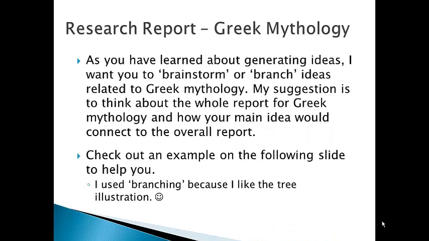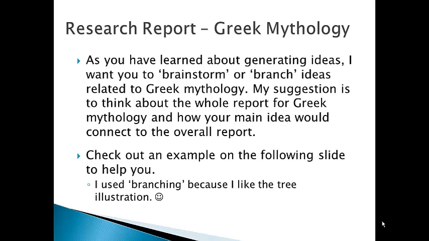All right, so let's apply all this information to the research report that you have to do for this class on the topic of Greek mythology. You've learned about generating ideas, so I want you to either brainstorm or branch ideas related to Greek mythology. My suggestion is to think about the whole report and how your main idea would connect to the overall report.